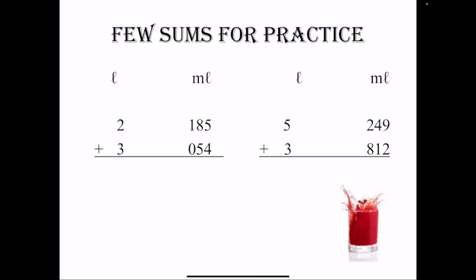Second sum, 5 liters 249 milliliters plus 3 liters 812 milliliters. Children, as you can see, I have put this picture of a glass of juice. So you should drink lots of liquids. Is it clear? You are staying at home during these pandemic times. Please take care of your health. Drink lots of liquids, healthy liquids. Okay, children?